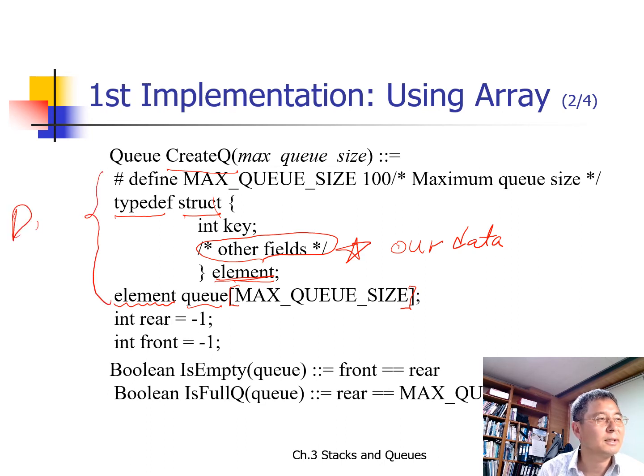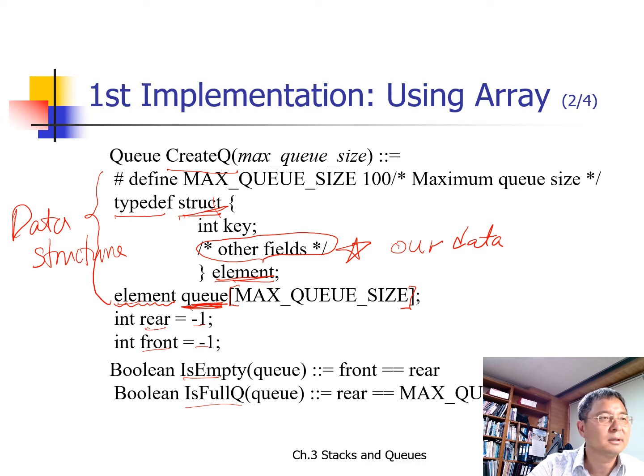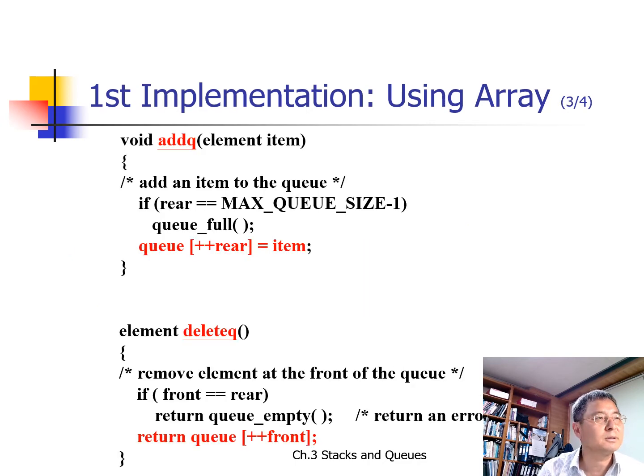So the data structure used in this queue is an array of element structures. And the initial value of rear and front is -1. Is empty and is full are trivial operations, but add queue is the most important operation in queues.